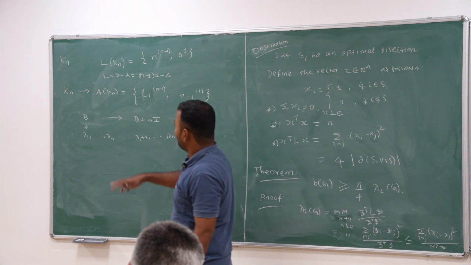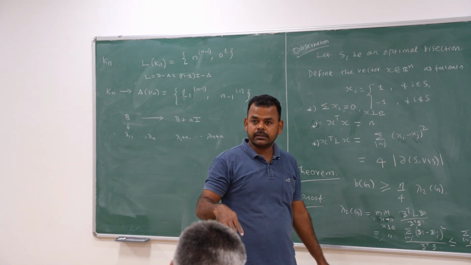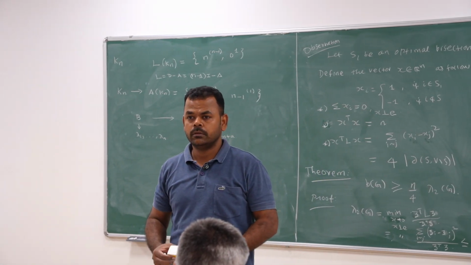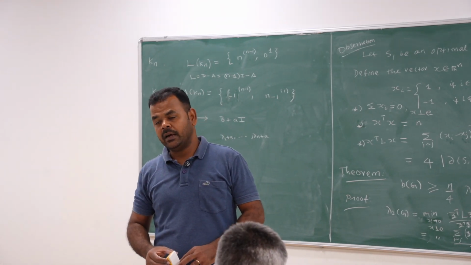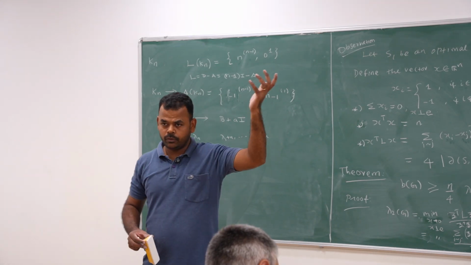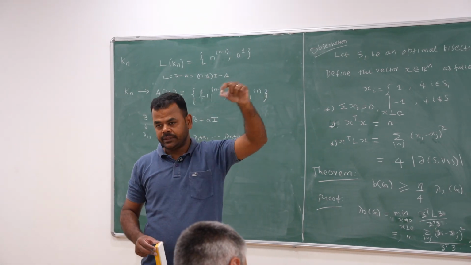So his argument is, consider the Laplacian matrix and look at the diagonals. The diagonals give you the degrees. You can prove it via adjacency also. So his argument is, take the trace.